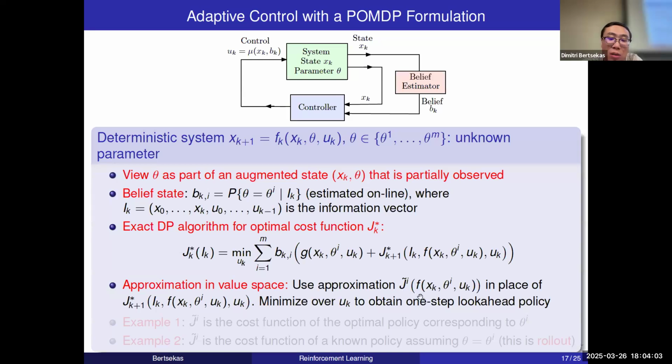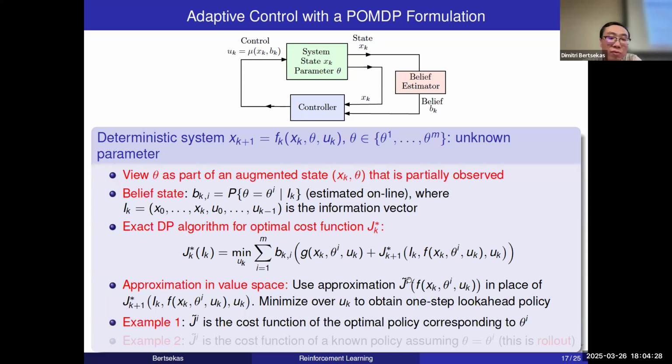This means we take for granted that the parameter value theta is equal to theta i. As a result, the state becomes xk plus 1 rather than the information vector. And we minimize over uk to obtain the one-step lookahead policy.